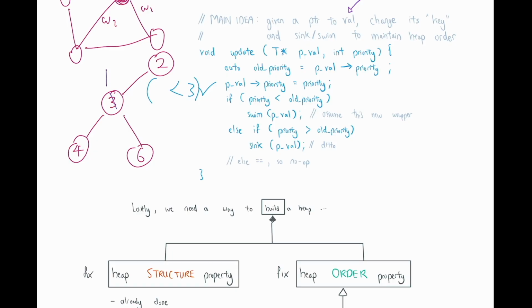So 1 is now less than the original value 3, and we need to check if we need to swim upwards. Indeed we do, because 1 is actually less than 2. But this will be settled in the swim function.